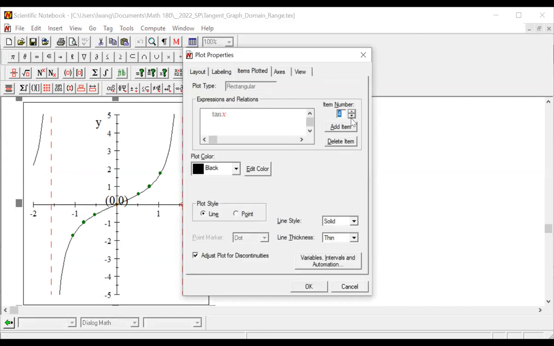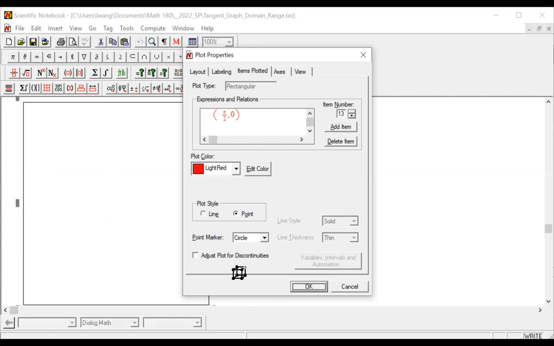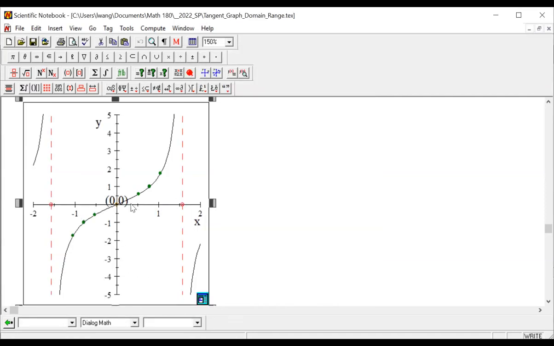So the next point, I'm going to just put a little circle for negative pi over 2 to indicate that's not in the domain. Those are vertical asymptotes.